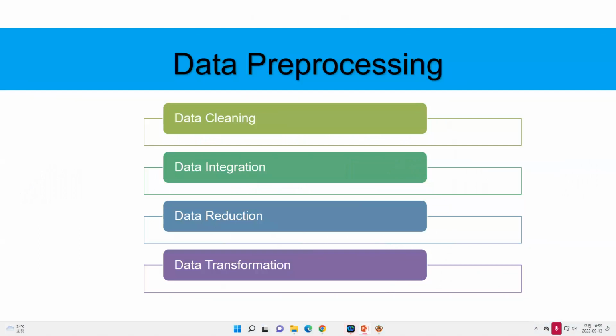The first is data cleaning, and then data integration, data reduction, and data transformation. So we are going to discuss these things this week and next week.